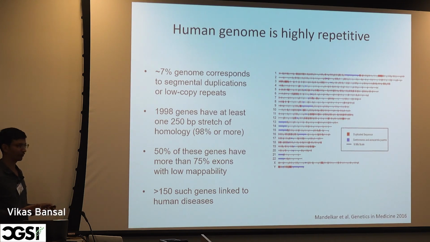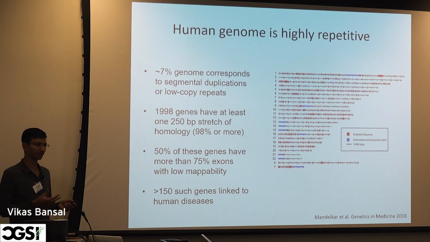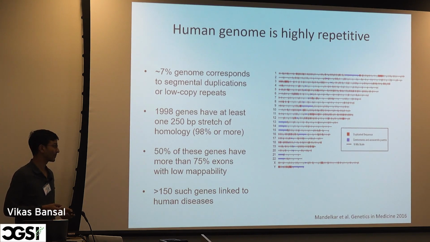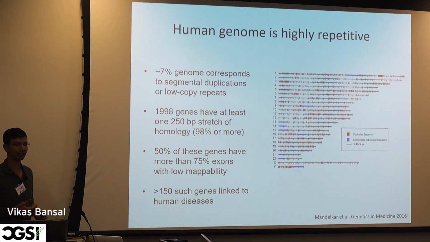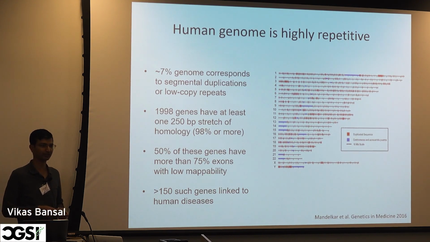They also found that for 50% of these genes, it's not just 1 or 2 exons that are problematic, but more than 75% of the exons have low mappability. Many of these genes are already linked to human diseases. Some of them were mapped before Illumina and short read sequencing were developed. So clearly, variant calling is problematic for a significant proportion of genes in the human genome.